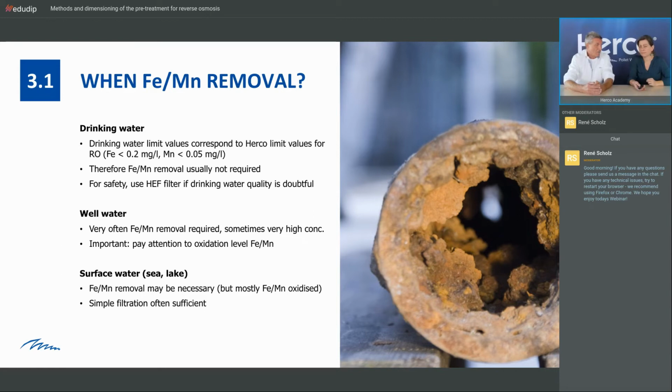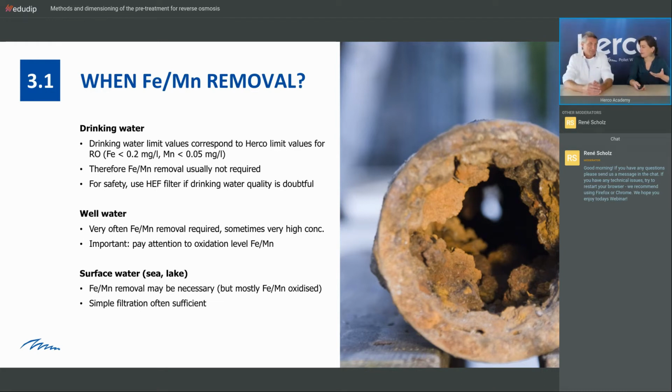When it's critical, we have to check what measures to take. We also have to pay attention to the oxidation level of the iron and manganese, because if iron is already oxidized from the normal form to the oxidized form, then it's filterable. But if not enough oxygen is in the water, then we have a problem. Then we have to add oxygen.